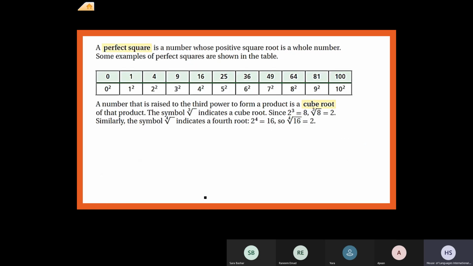So now, what do we have? 0, 1, 4, 9, 16, 25, 36, 49, 64, 81, and 100. These are the squares of numbers from 0 to 10. The square root of 0 is 0, and this goes up to number 10.